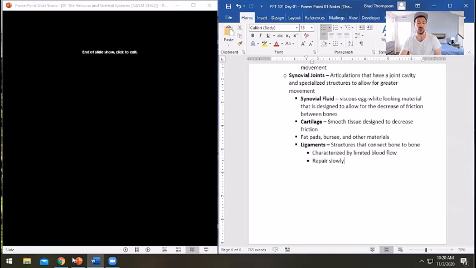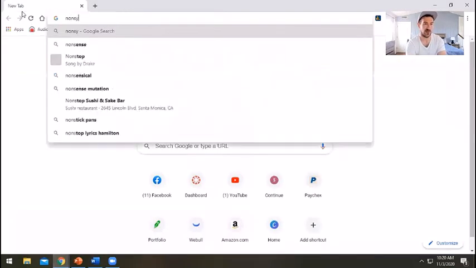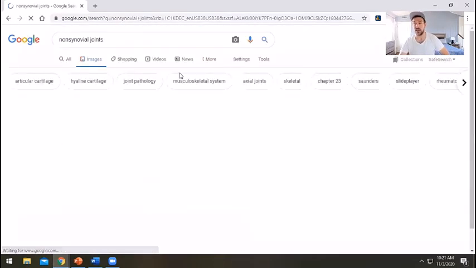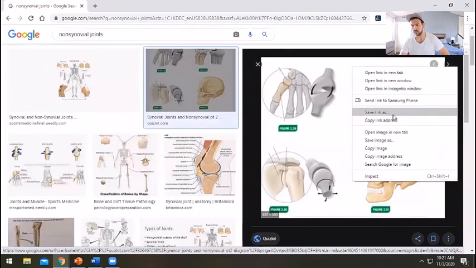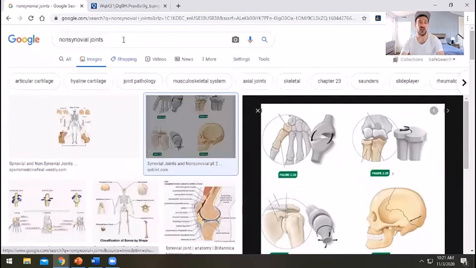But if you look at non-synovial joints, you'll see two major categories. You'll see a fibrous joint, which is literally just this hard tissue that really is not designed to create any movement. And then you'll sometimes see cartilaginous joints.